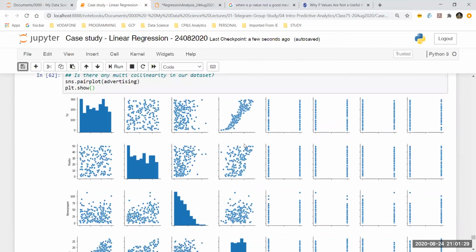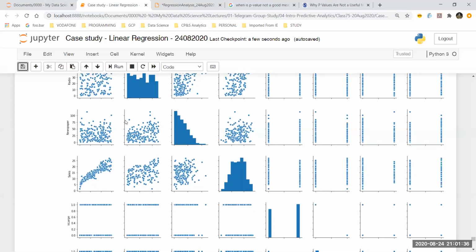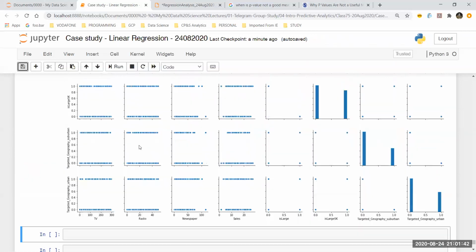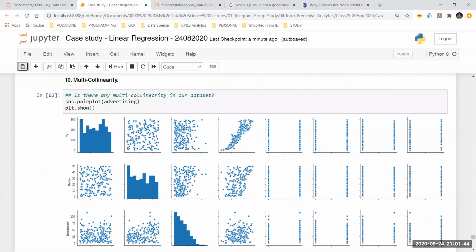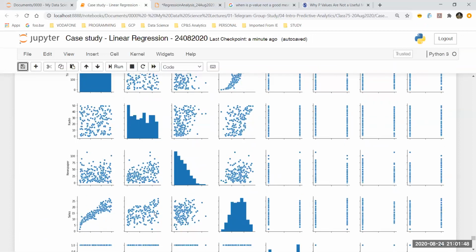In my case, it seems that there is a slight relationship over here, right? Other than that, I do not see any relationship. What is this variable over here? Radio, right? You see there is a very, very small relationship between radio and newspaper. So what is happening is there is some kind of a line that I can draw.